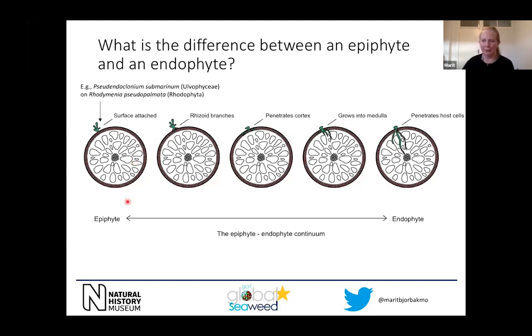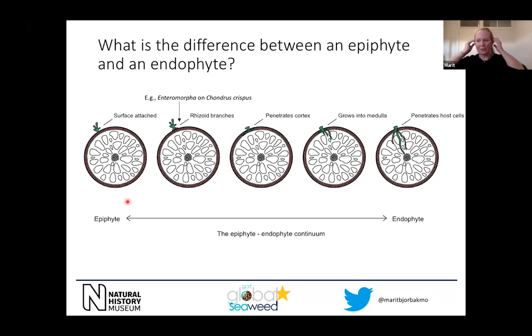And the first category is the strict epiphyte, where the green algae is only attached to the outer surface or epidermis of the seaweed host. And the second category is where the epiphyte forms rhizoid branches that don't penetrate the cortex, but spread out and cover a larger surface area of the host.